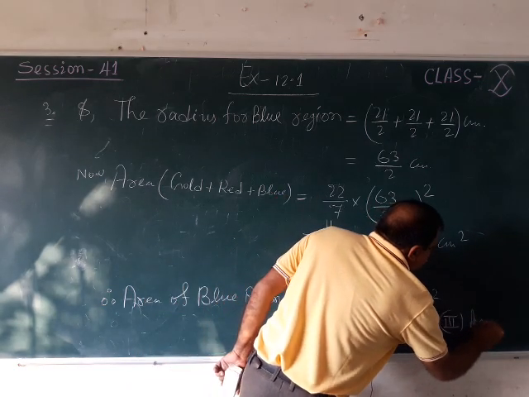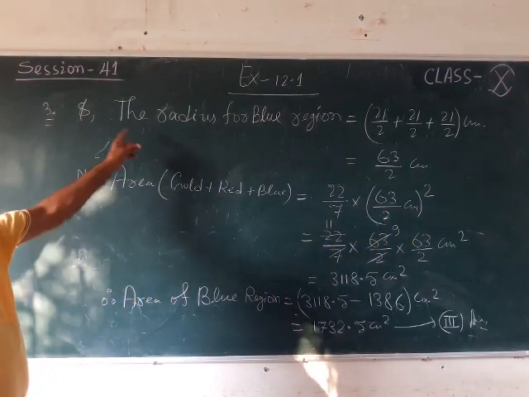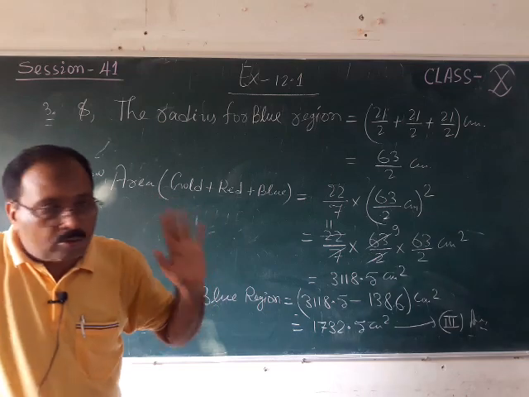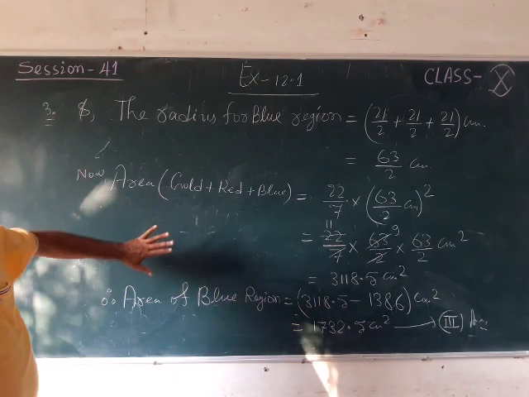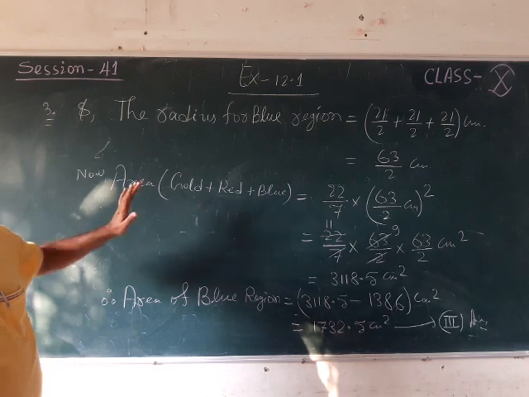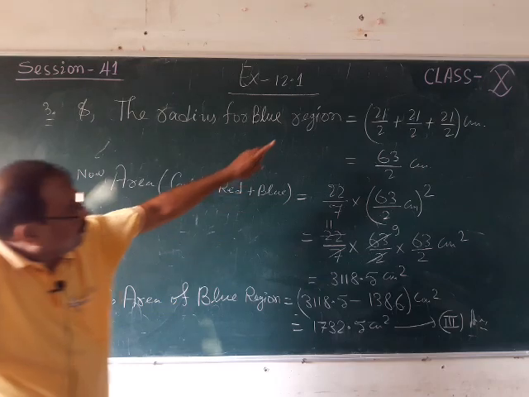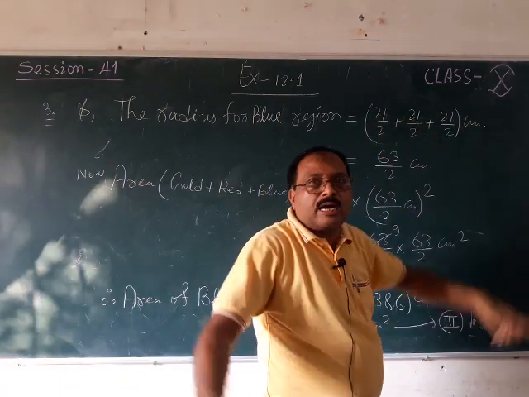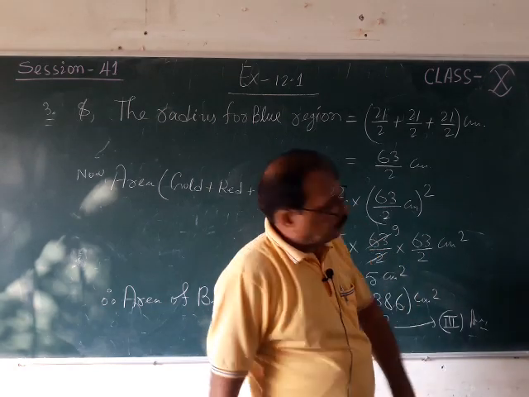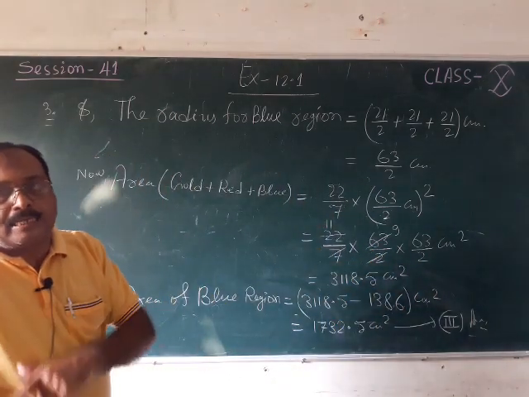So 3 answers I have shown you, and the remaining 2 answers I am giving for you. Accordingly now further you have to find the radius for which region? Black region. For the black region you will be adding 21 by 2, 21 by 2, plus 21 by 2, again 21 by 2, 4 times, and that will be the radius up to the black region.